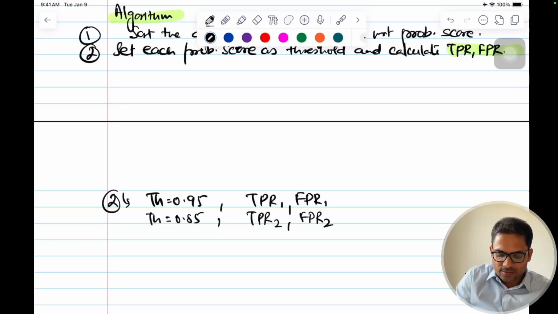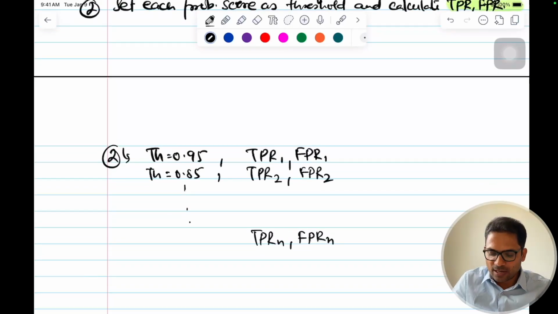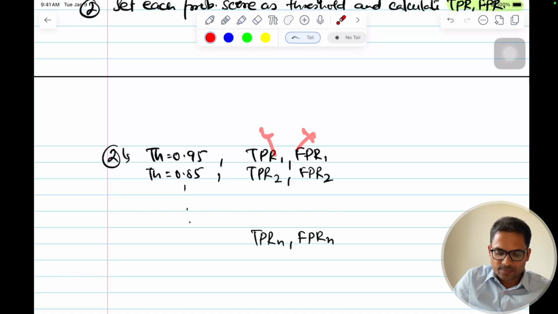So these are different points. And then like this, I'll calculate TPR n, FPR n for n points. Finally, I have n pairs of points, one from the x-axis, one from the y-axis.